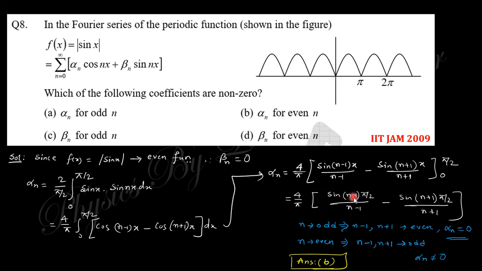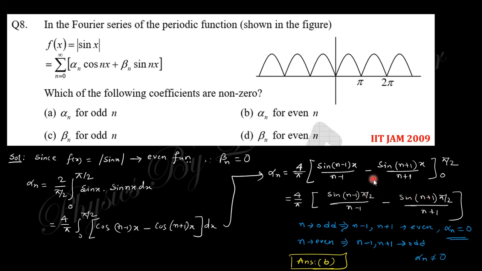Think about here, when n is odd, so this becomes even. Since n is odd, n minus 1 and n plus 1 both are even. And in case of even into pi by 2, sine of even into pi by 2 must be 0. Sine of an even number into pi by 2, this must be a multiple of sine pi, this is 0. In case n is even, these two are odd.